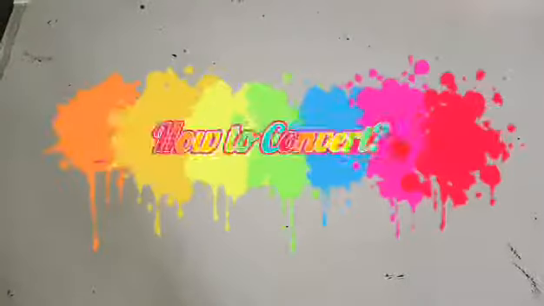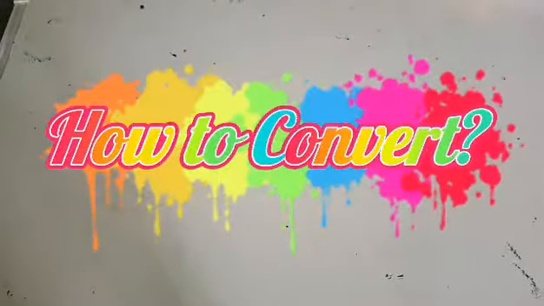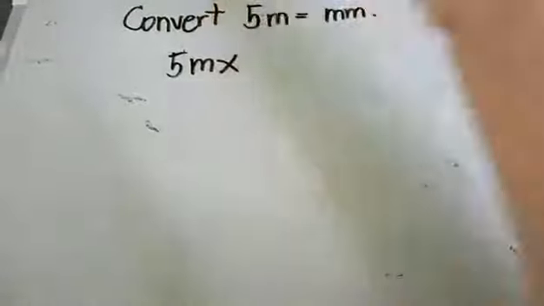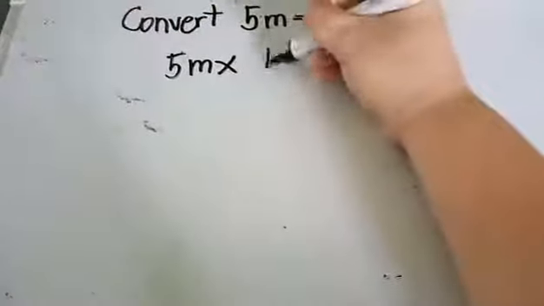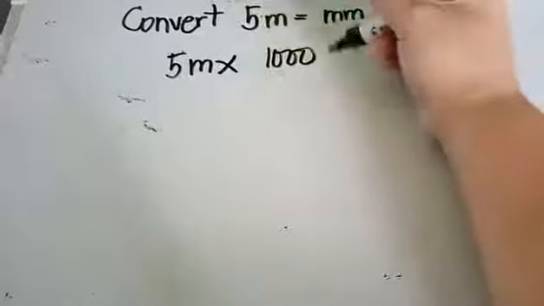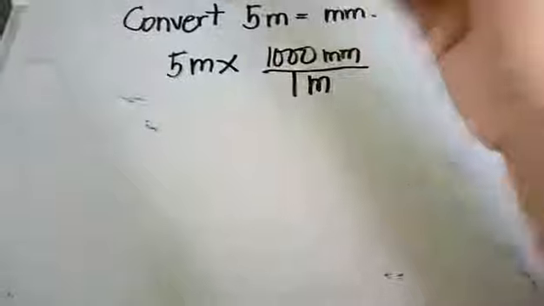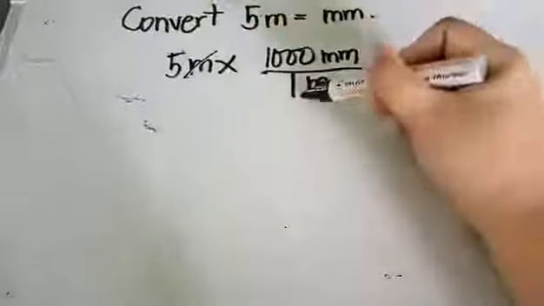Okay? So for now, we're going to discuss how you are going to convert one metric unit of length to another metric unit of length. Okay, class. For example, you are going to convert 5 meters into millimeters. So remember, we have 5 meters times, of course, we're going to multiply it by 1,000 millimeters over 1 meter, so that we can cancel meter and meter.